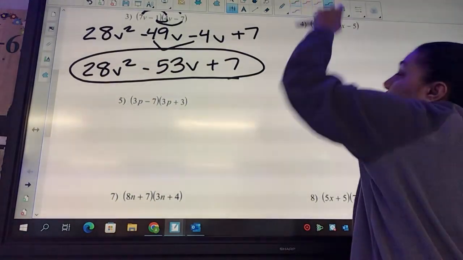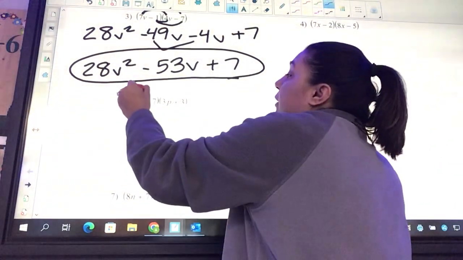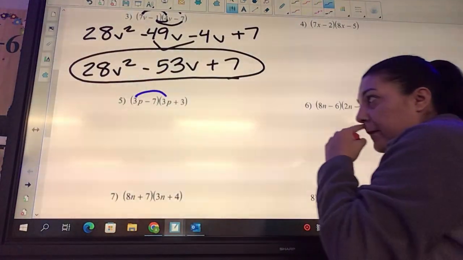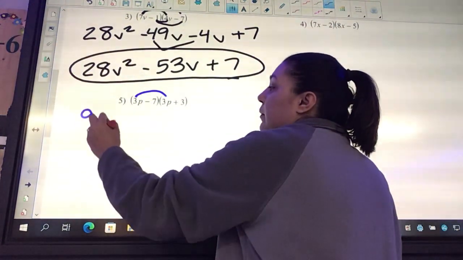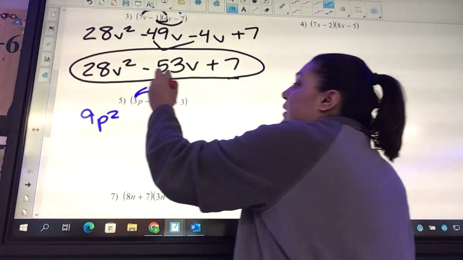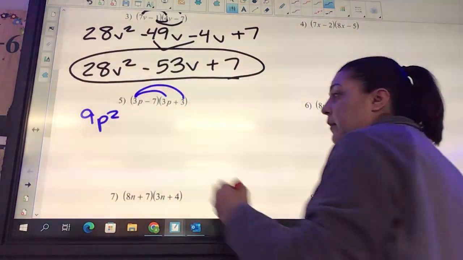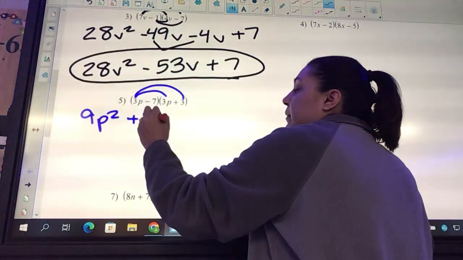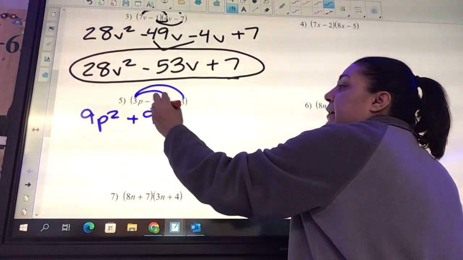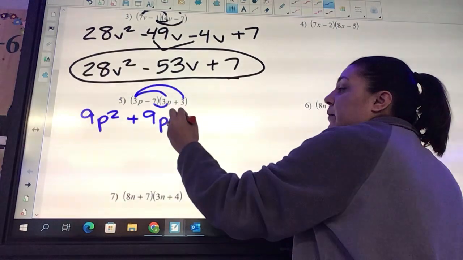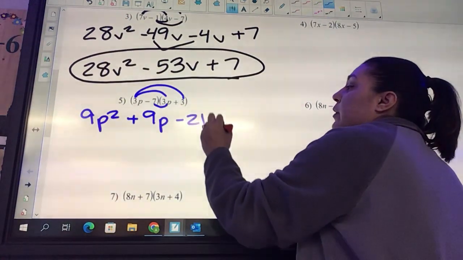Looking at number 5, we could say 3 times 3, 9, how many p's? P2. 3 times 3, 9, how many p's? 1. 7 times 3, negative 21p.